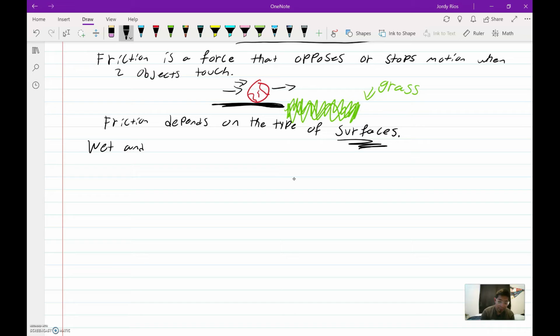Wet and smooth surfaces have less friction, okay? So that's important to know. Wet and smooth surfaces have less friction.